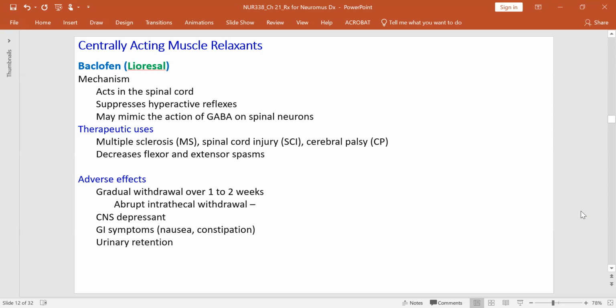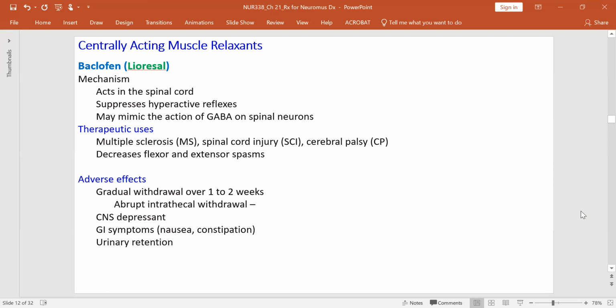Adverse effects: there is no specific antidote for baclofen overdose or toxicity, and there should be gradual withdrawal over 1 to 2 weeks. So we recommend that when we plan to discontinue the drug, it should not be abrupt or sudden, because of the risk to the patient.